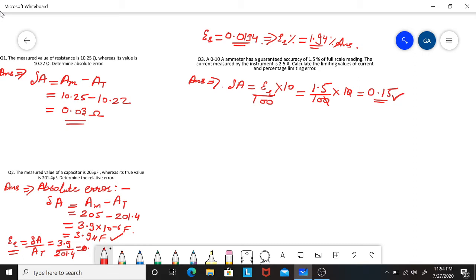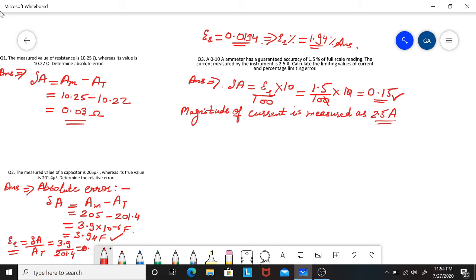Now you have to calculate for the instrument reading of 2.5 ampere, the magnitude of current measured.